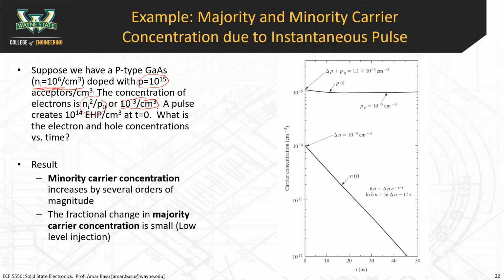So 10 to the 14th electron-hole pairs per centimeter cubed at time equals 0. Let's put in our concentrations. Our hole concentration p0 equals 10 to the 15th per centimeter cubed.